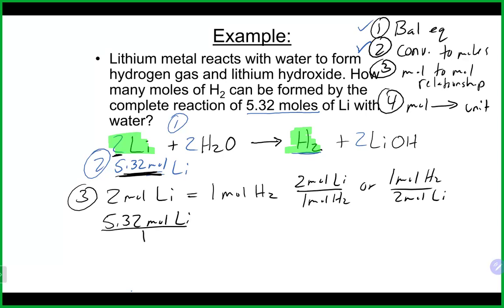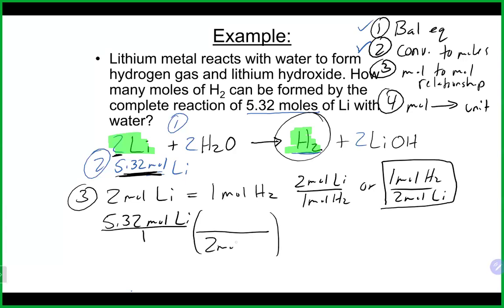Which one do you think? Which one's going to get rid of lithium, which we no longer want, right? Because we ultimately want to get over here, right? It is the one on the right. Again, that is in the opposite location. That is going to give us our 2 moles of lithium.